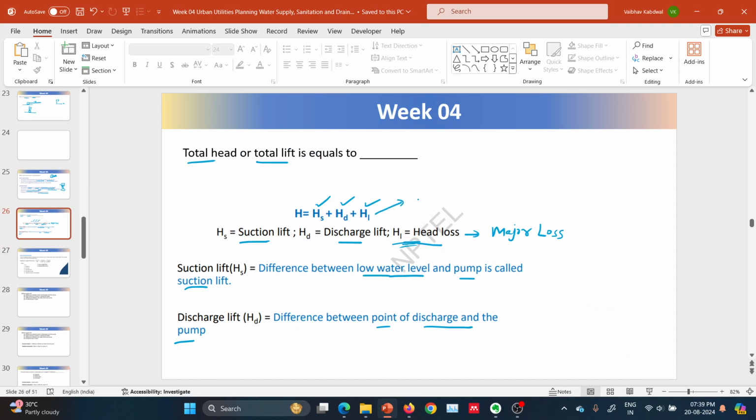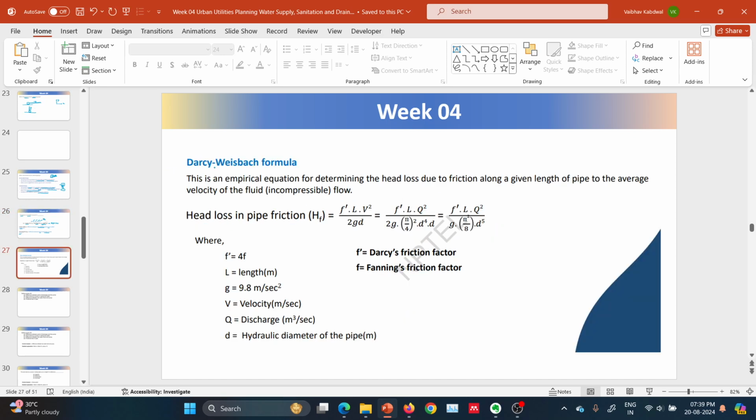This head loss, HL, can be calculated using the Darcy-Weisbach formula. This is an empirical equation for determining the head loss due to friction along a given length of pipe, related to the average velocity of the fluid. The fluid considered is incompressible, so here it is liquid, meaning water.